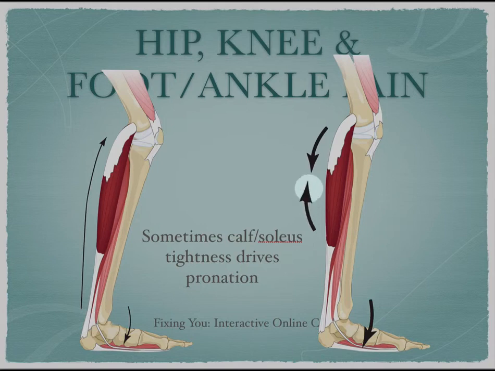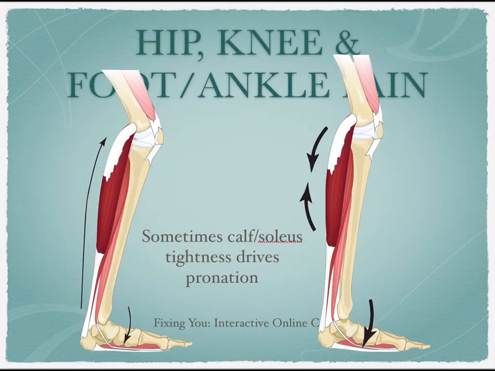But if these are excessively tight and the knee is trying to pass over the foot, well, then it can't. And so where does that energy go? Well, that energy then is driven down into the foot and stresses the bottom of the foot and contributes to chronic plantar fasciitis, Morton's neuromas, and other problems of the foot and ankle. So the calf and soleus is key to a lot of foot and ankle issues.